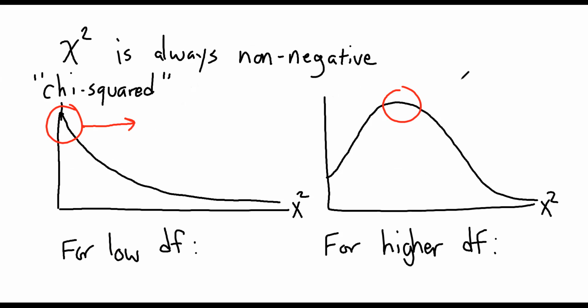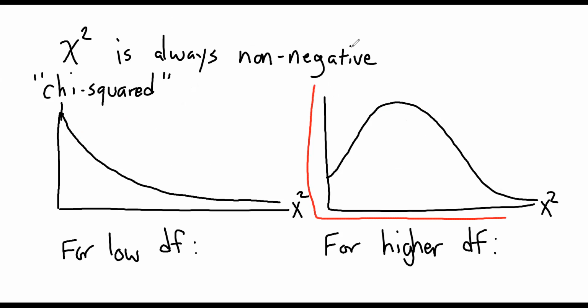But whenever I draw a chi-squared distribution curve, in general, I'll usually draw it like the second one here. I'll usually draw it like this, even if the degrees of freedom are low, because we don't really need to be super nitpicky about nailing the exact shape of the chi-squared distribution curve.